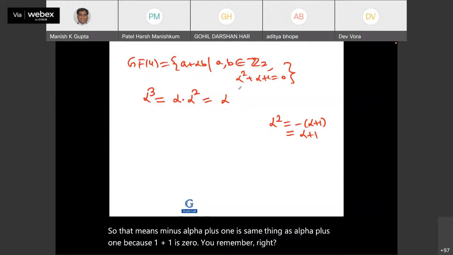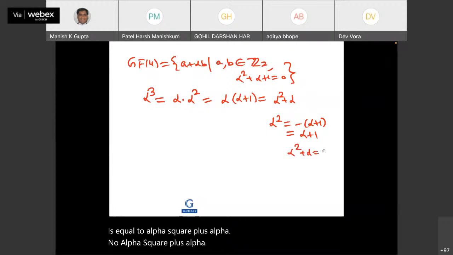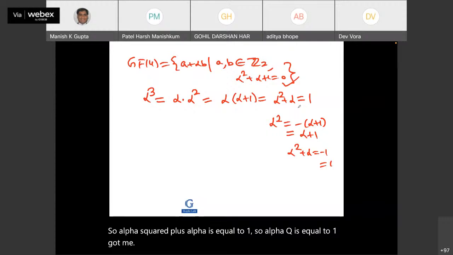So alpha square is nothing but alpha plus 1. Then alpha times alpha square is alpha square plus alpha. Now alpha square plus alpha is equal to minus 1, the same thing as 1. So alpha square plus alpha is equal to 1. So alpha cube is equal to 1. Got me? Any question at this point?